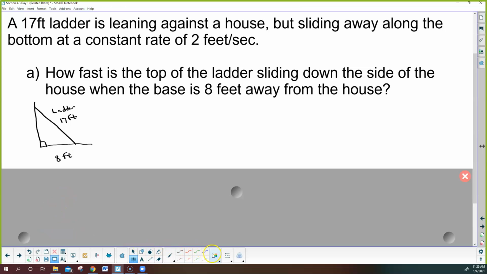Now you might be thinking, well, wait a minute, they don't tell me anything about area. So what equation are we going to be using? That's really one of the harder things to do with this problem. So the question is, what equation deals with the lengths of a right triangle?